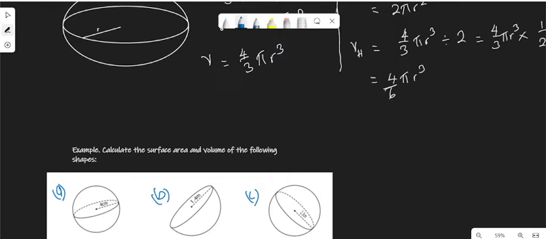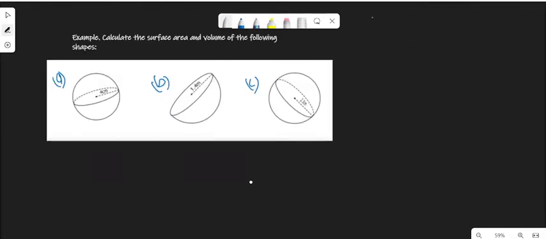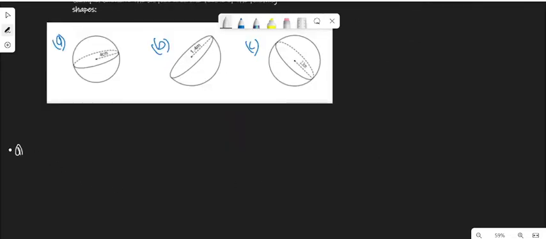So to start with, we are calculating the surface area. Let me start with A. A, the surface area of a sphere, SA of the sphere, is 4 pi r squared.